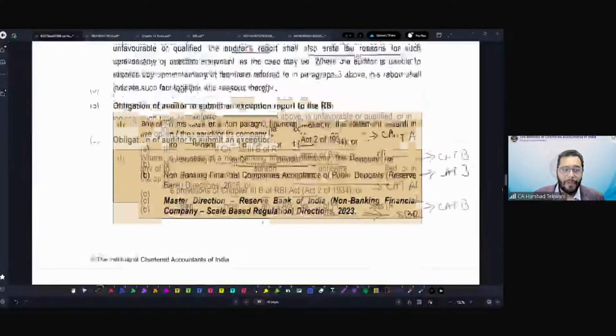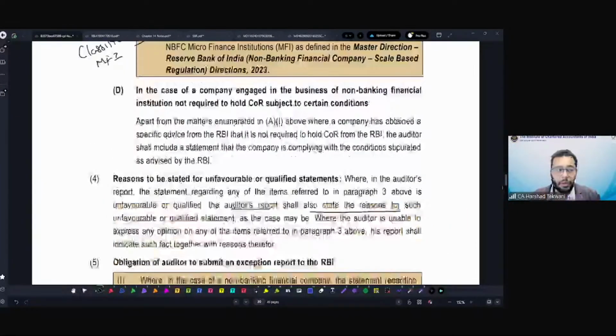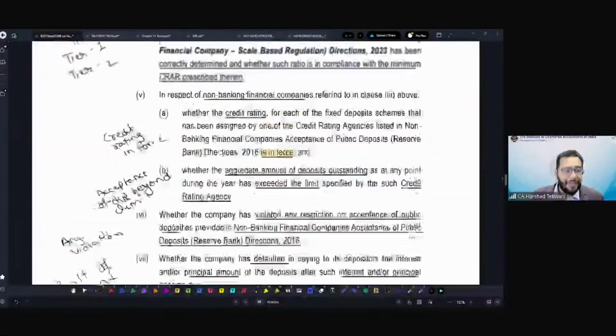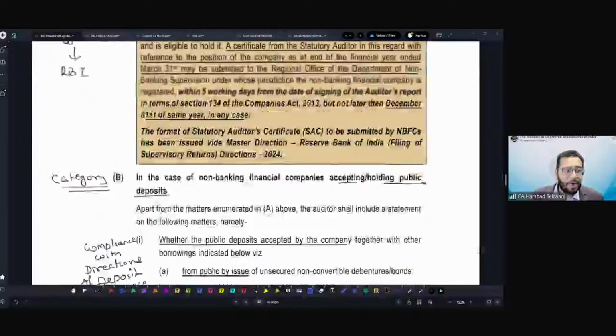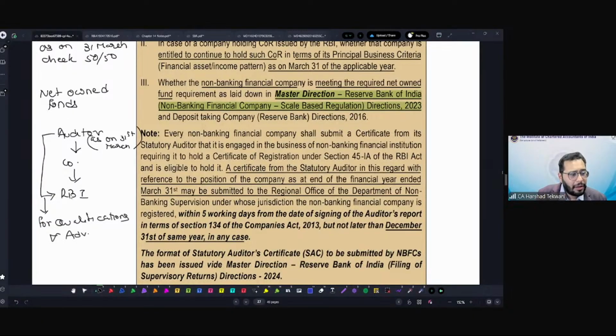That is the requirement of the auditor for the unfavorable part. So remember, in the start we discussed that the auditor gives to the company, to RBI. That is one for this COR related certificate of registration. But if any qualification is there, then directly to RBI for qualifications and adverse remarks.